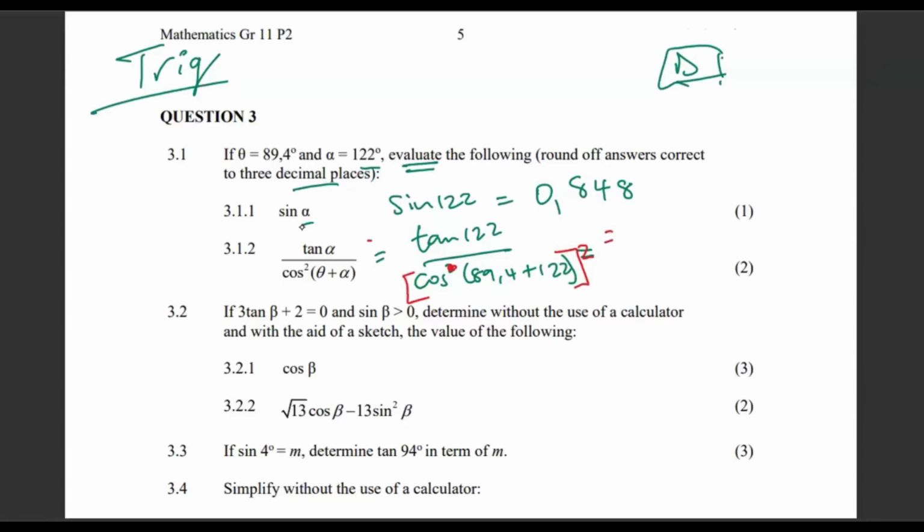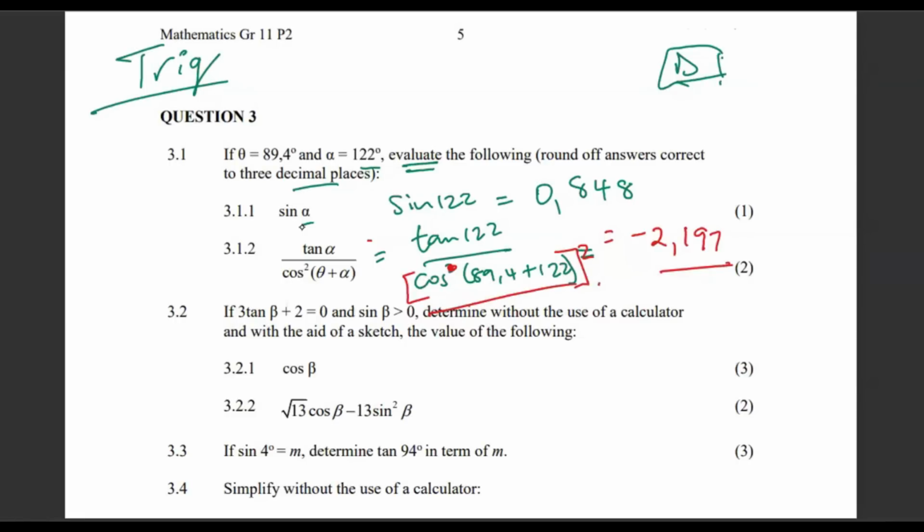So this is going to be negative 2,197. That's what I'm getting. Let's just confirm it and see. This is 89.4 plus 122. Perfect. So this is the easiest approach if you're punching this in the calculator.